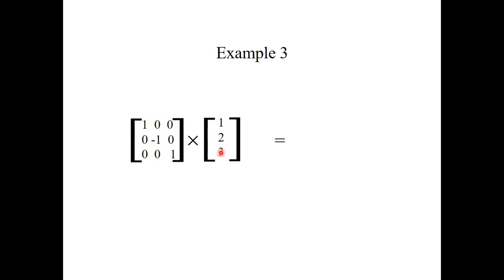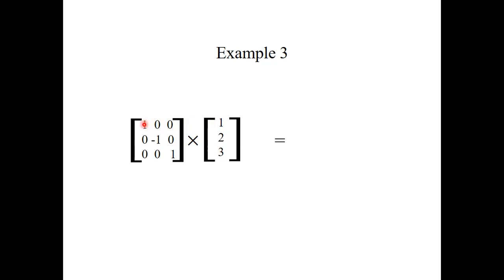So what will be the result? We again have to multiply each row with each column. The first row would be this. The first column would be that. In this case, the first column is our only column to consider.